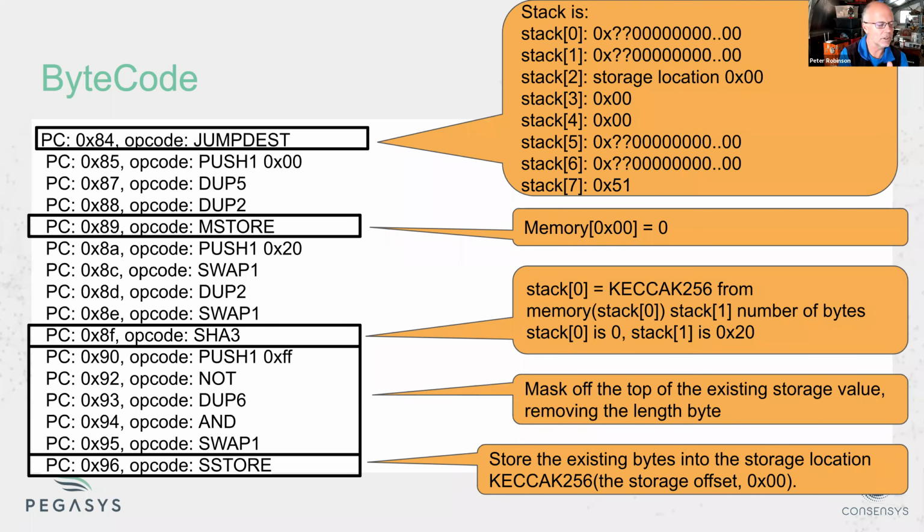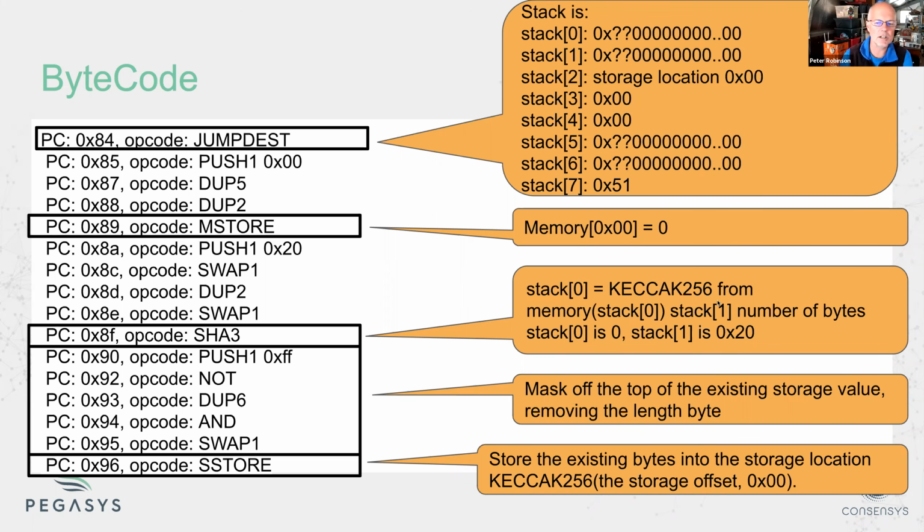So we're using location 0 as a scratch pad. You remember how we had 0, and then 40 hex was the free memory pointer. Location 0 is a scratch pad, and we use it to record essentially the storage location that we're going to use. Then we use Keccak 256, which is denoted as SHA-3. Though the opcode says SHA-3, it's actually doing a Keccak 256.